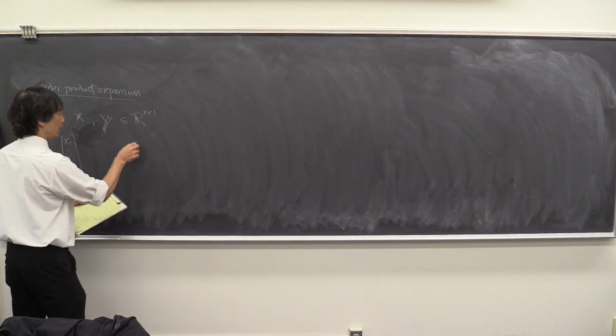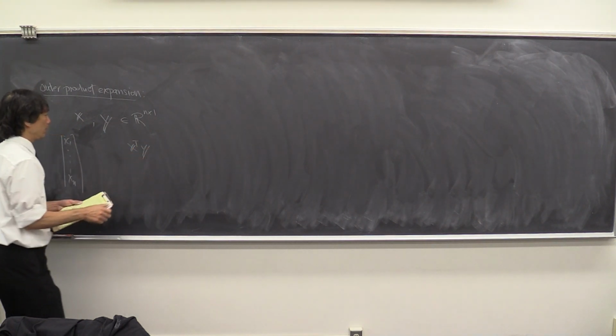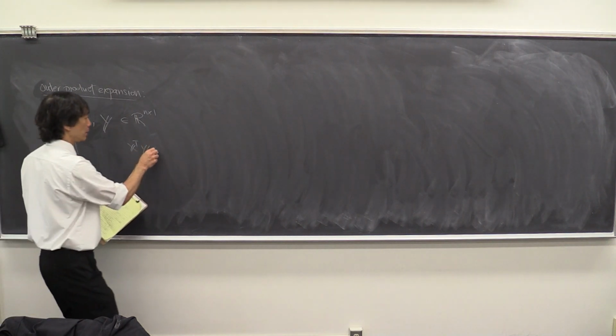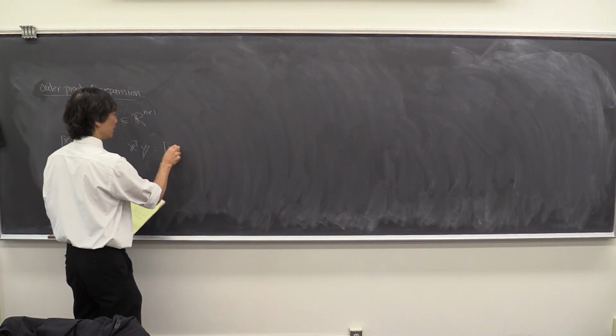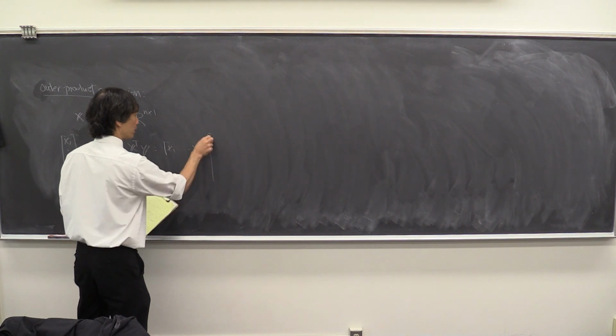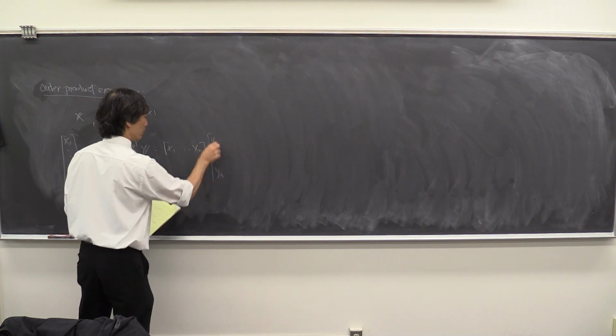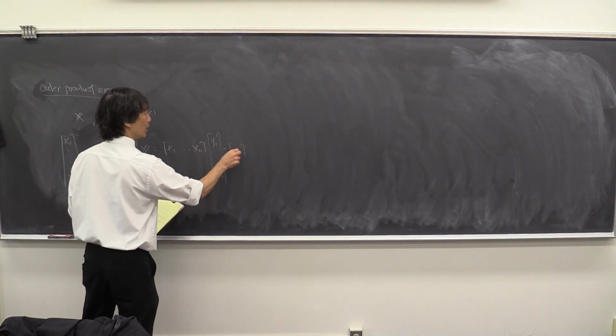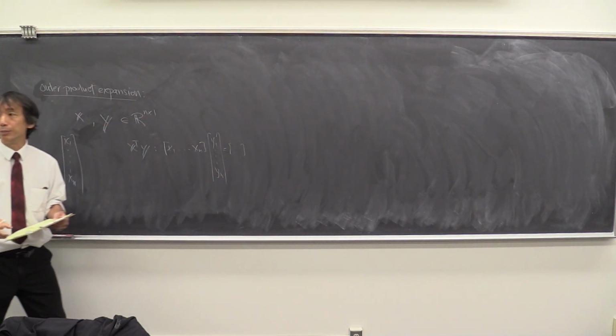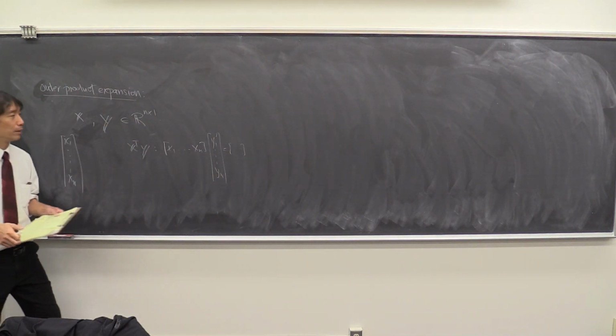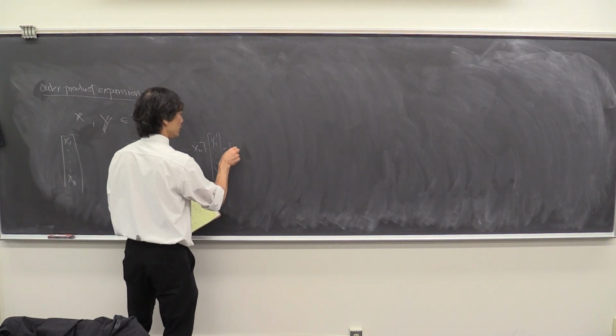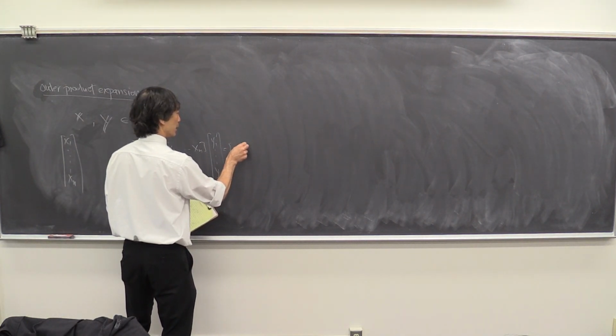If we take x transpose y, then that's going to be a 1 by 1, the dot product, the inner product. So you get this inner product right here.